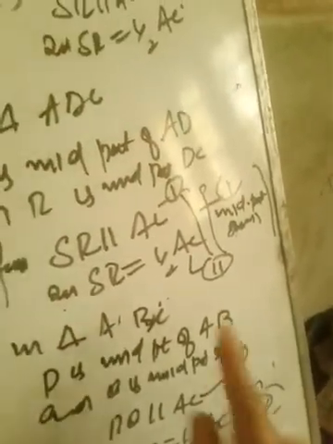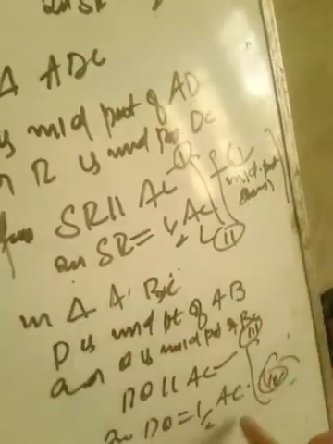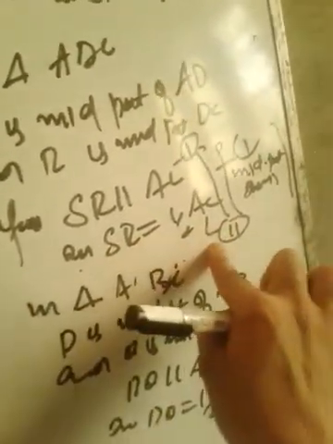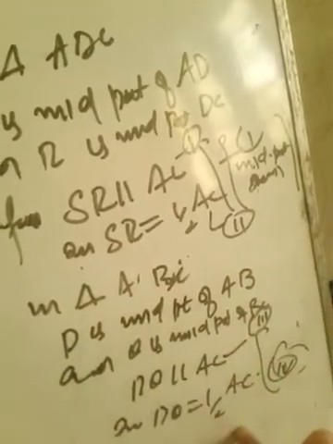We will name them one by one. Name this second, this third, this fourth. We will not have any confusion then. Now we have to prove that PQ equals SR. From second and fourth, SR equals 1 by 2 AC and PQ equals 1 by 2 AC.